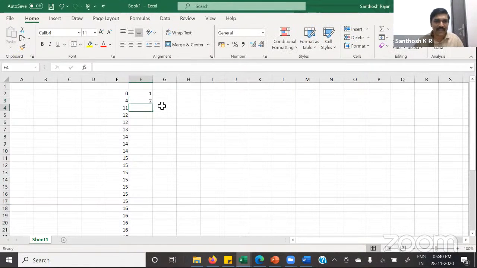The next value is 11, so 11 as 3. Next is 12. There are two 12s, so I won't put it as 4 and 5. I will put this as 4.5, and this also as 4.5. So this is 4, this is 5, and this can be considered as 6.